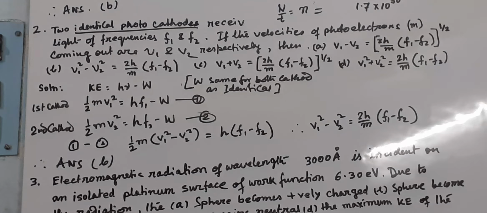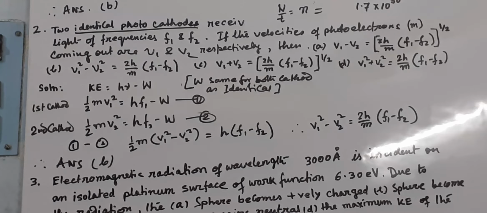Now we know the kinetic energy for maximum velocity is h nu minus w, that means half m v1 square equals h f1 minus w. Here f1 means the frequency of the incoming photons.